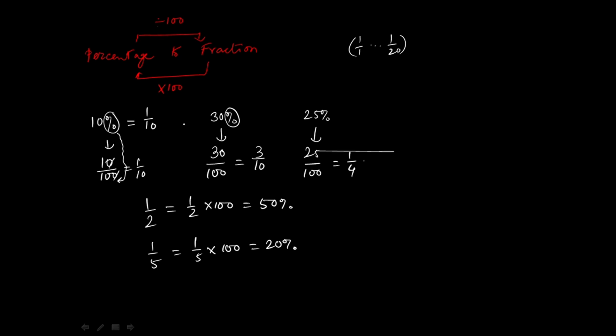What we have learned is that percentage to fraction means divided by 100. Suppose you are given 1 by 17. We have to transform this fractional number to percentage. What do we have to do? We have to multiply it with 100.